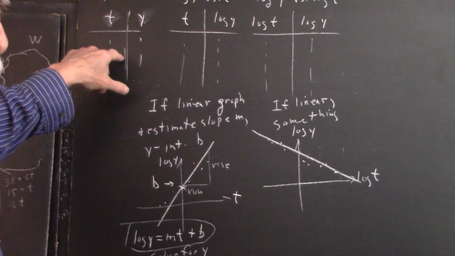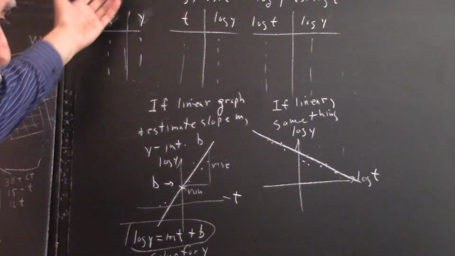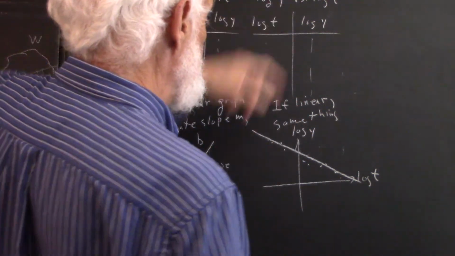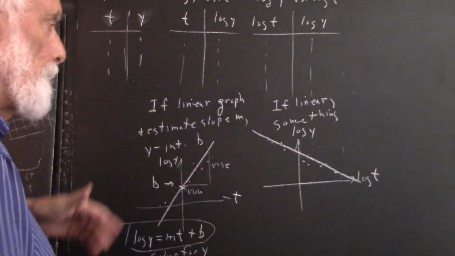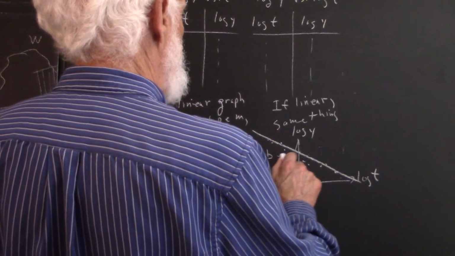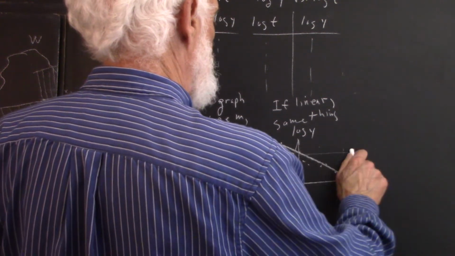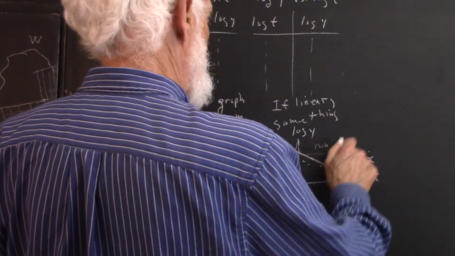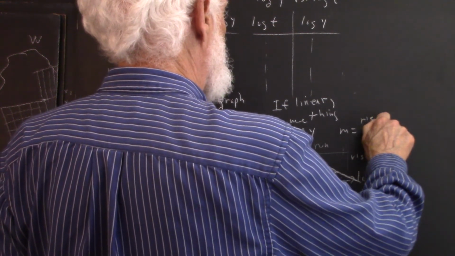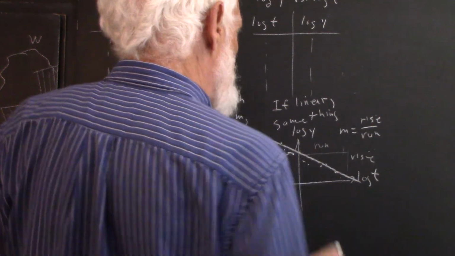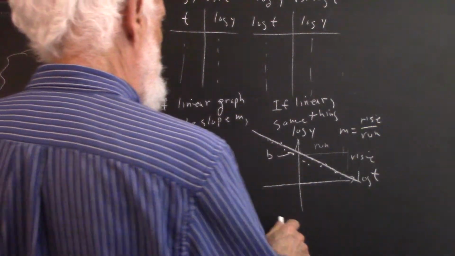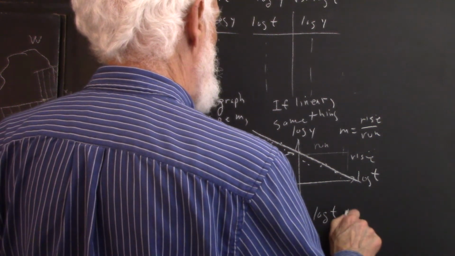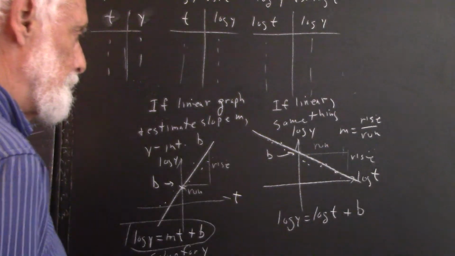So, if this is a straight line graph, you just do your y equals mt plus b, and you'd be done. Okay, so anyhow, if this graph is linear, well, it's just like it is here. You're going to have a b here, and you're going to have a slope. And m is rise over run. And now you're going to have log y equals m log t plus b.